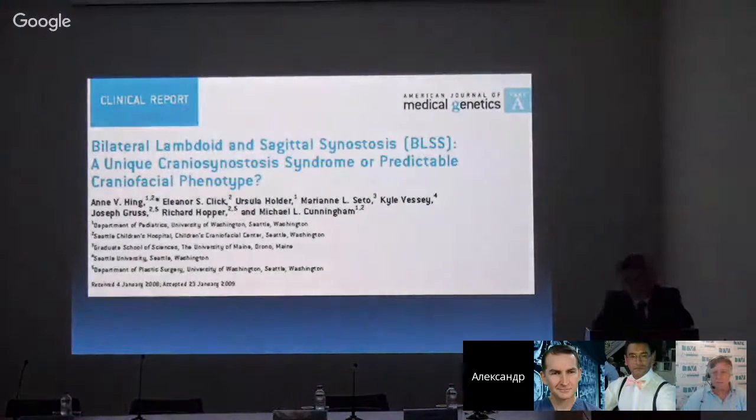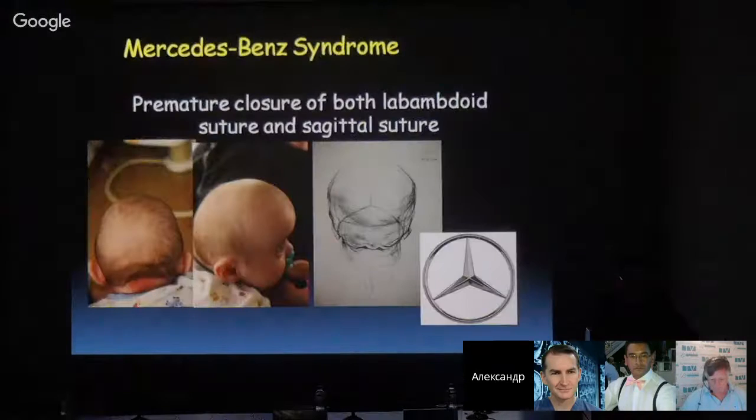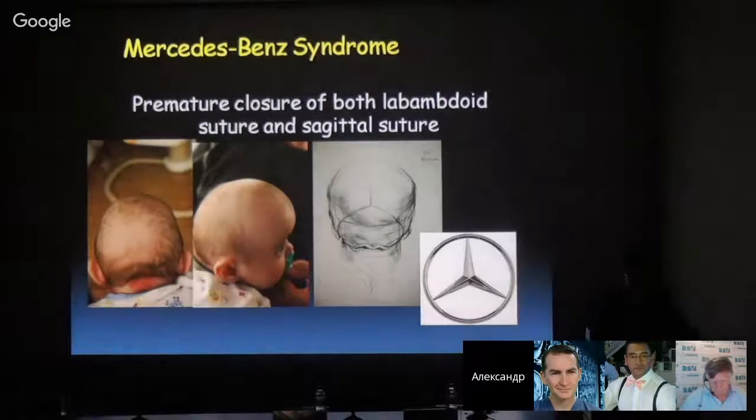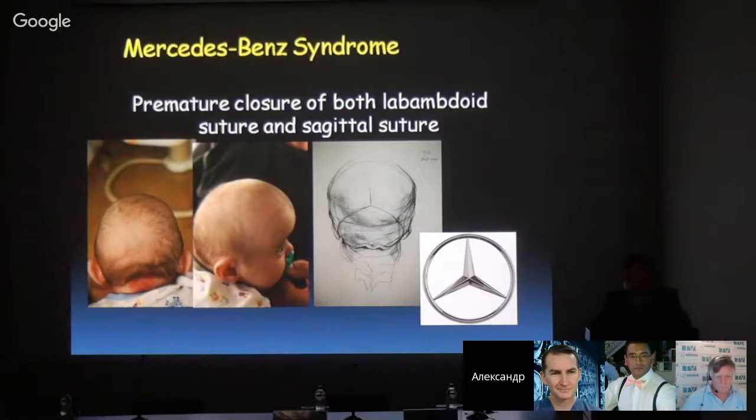Another condition maybe considered nowadays as syndromic craniosynostosis is the closure of both lambdoid and sagittal sutures. It was classified in 2009, and they now call it Mercedes-Benz syndrome, because it looks like the star of the Mercedes-Benz.